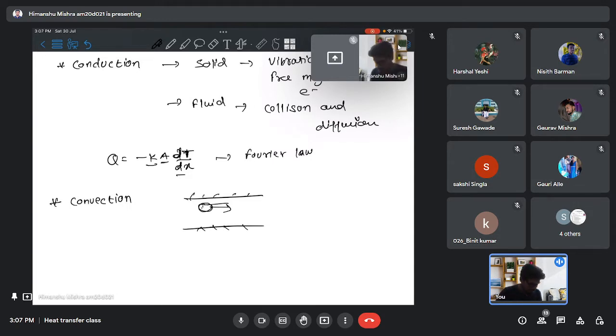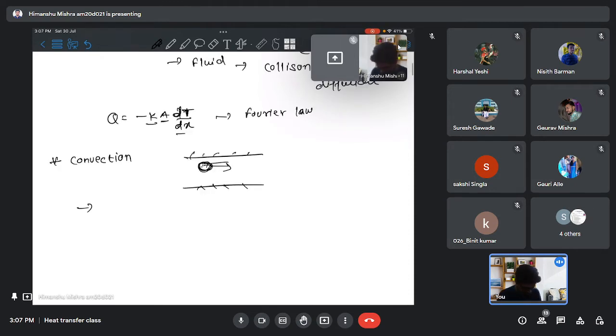Due to the motion of this fluid parcel, there is transfer of thermal energy from the higher temperature to the lower temperature, which is called convection heat transfer. So this happens due to the bulk motion of fluid as well as the diffusion of particles.